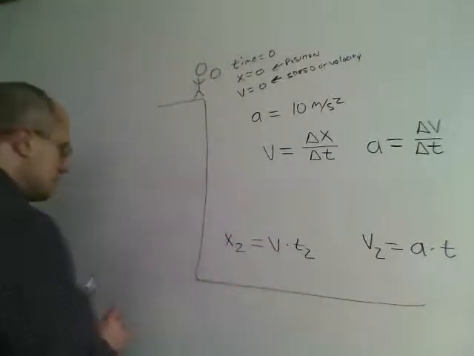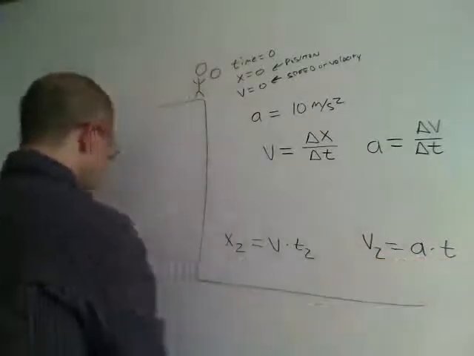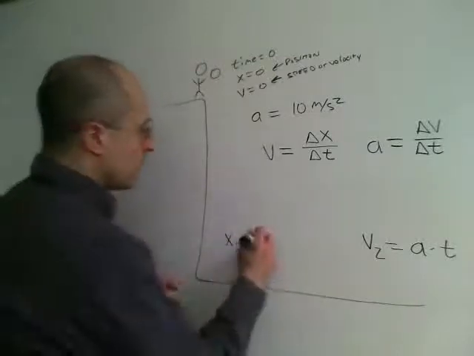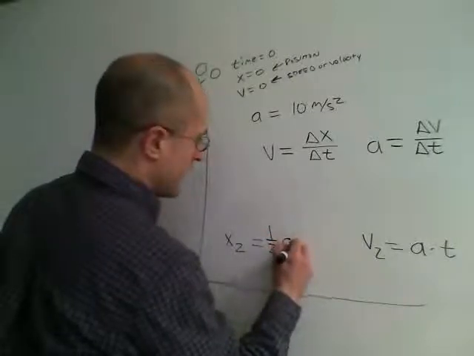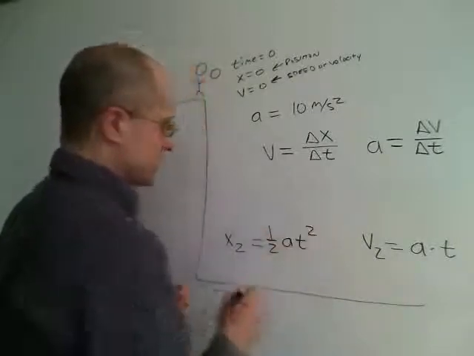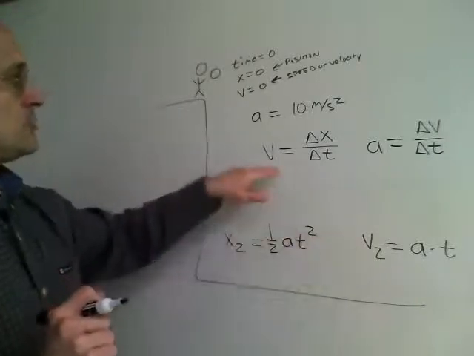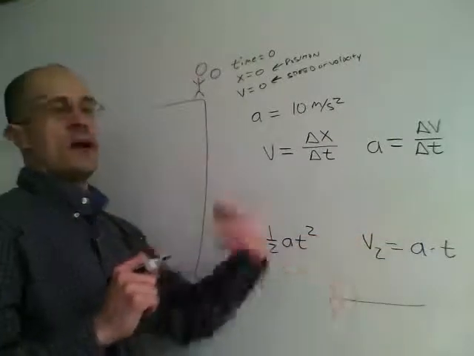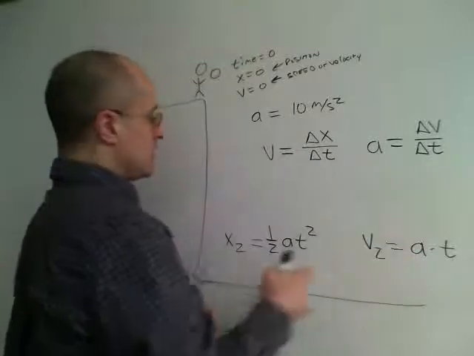Since our velocity is constantly changing in time, our real position equation for free fall ends up becoming 1/2 a t squared. We have to make a substitution into our equation to account for the fact that our velocity is constantly changing in time because it's accelerating.